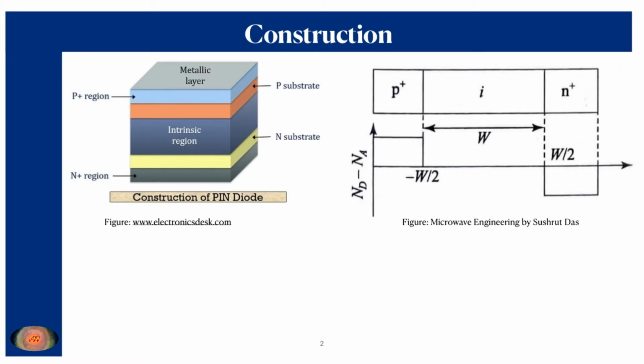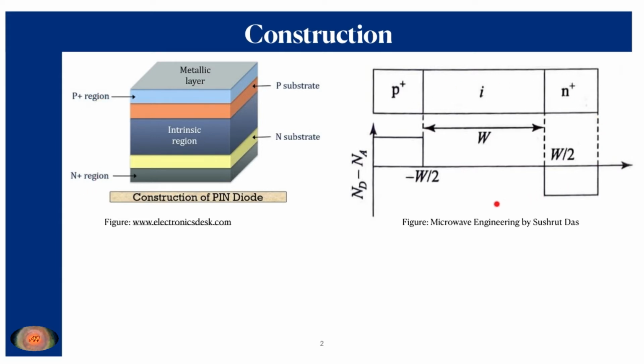In the case of planar structure, a narrow, thin epitaxial layer is imposed on either side of the intrinsic region in order to realize this P plus region and the N plus region.